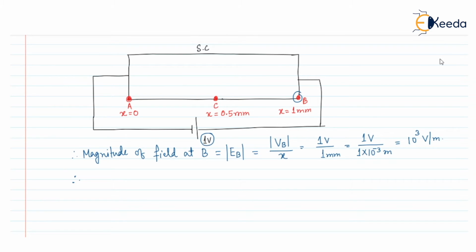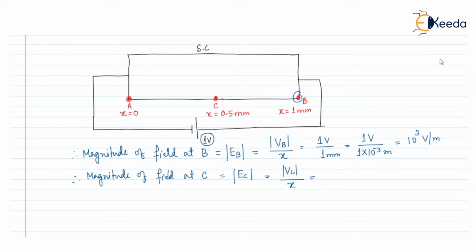Similarly, if I want to find the magnitude of the electric field at C point, I can denote it as EC mod. It will be equal to VC, the potential at C, divided by the distance of the C point.